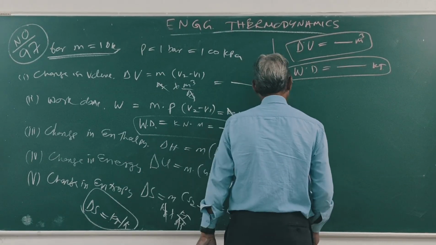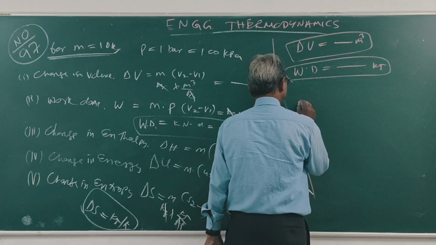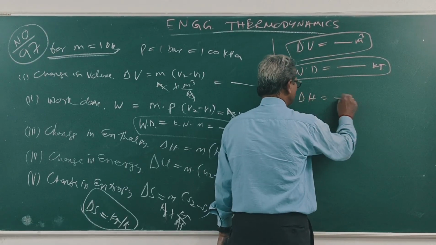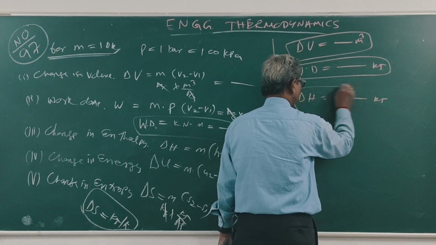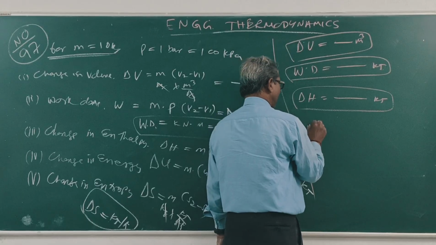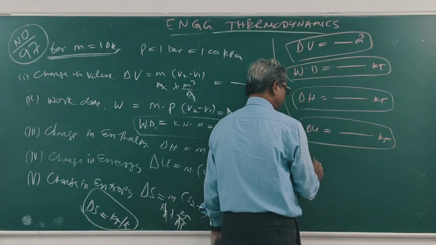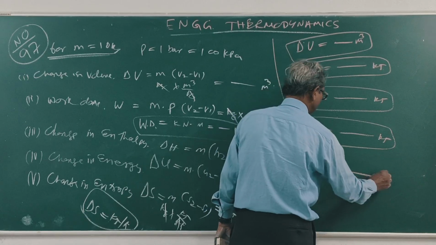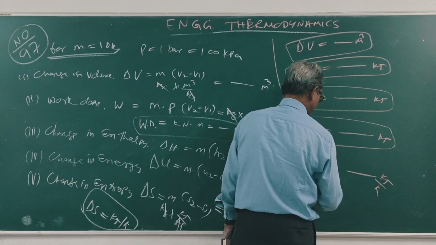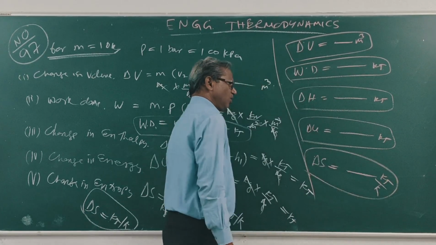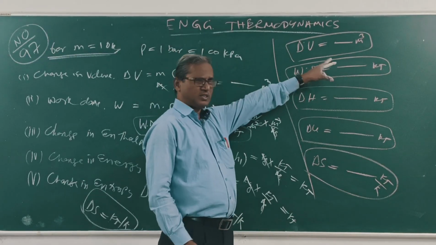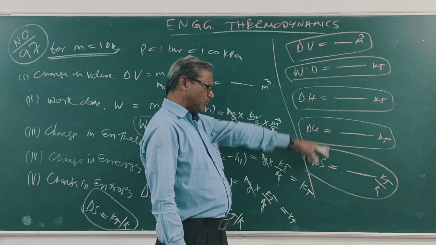Next, change in enthalpy delta H is some kilojoule. Clear? Delta U is also some kilojoule. Right? Change in entropy delta S is kilojoule per Kelvin. Clear? All these answers are here, and the units are meter cube, kilojoule, and kilojoule per Kelvin.